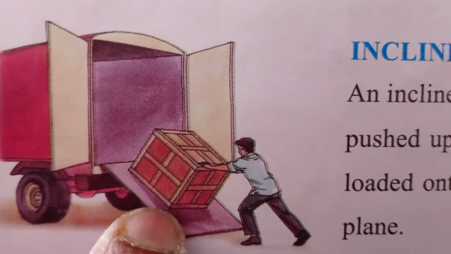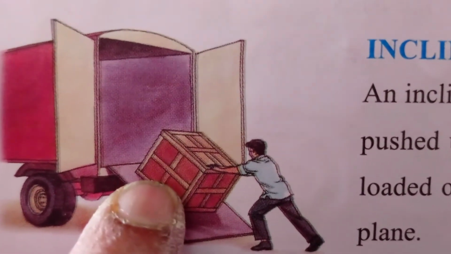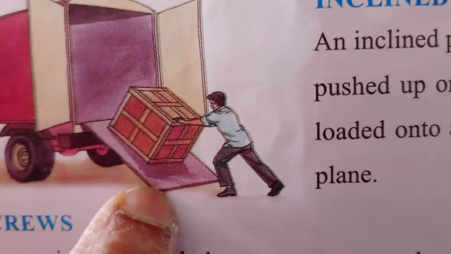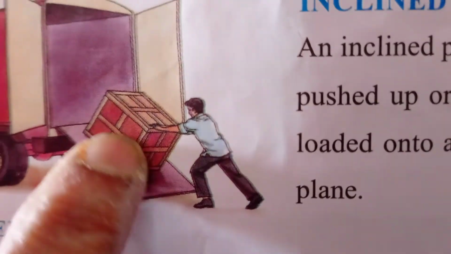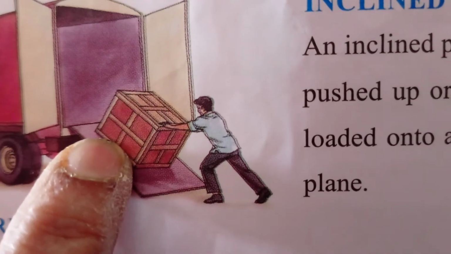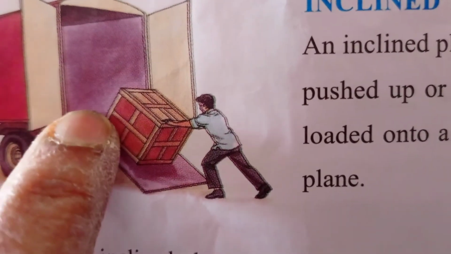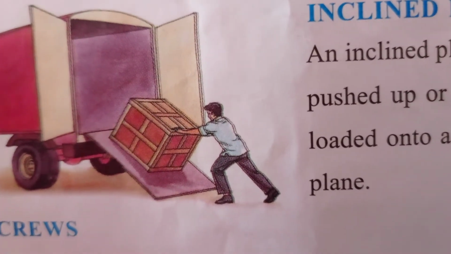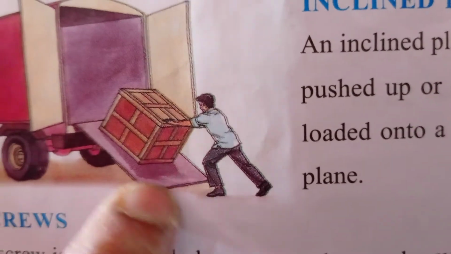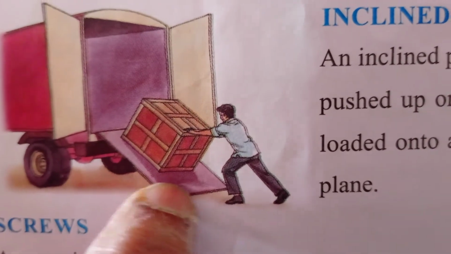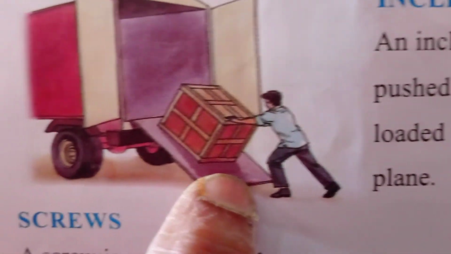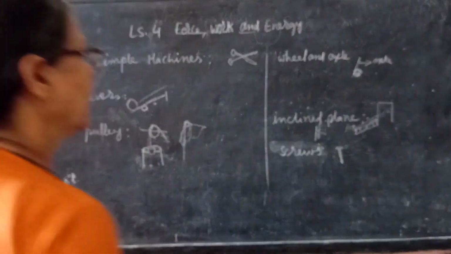Vehicles or anything, if they want to load inside, this is called the inclined plane. It is a slope over which a load can be pushed, or they can take it down. You can see heavy loads being loaded onto a truck by pushing them on.